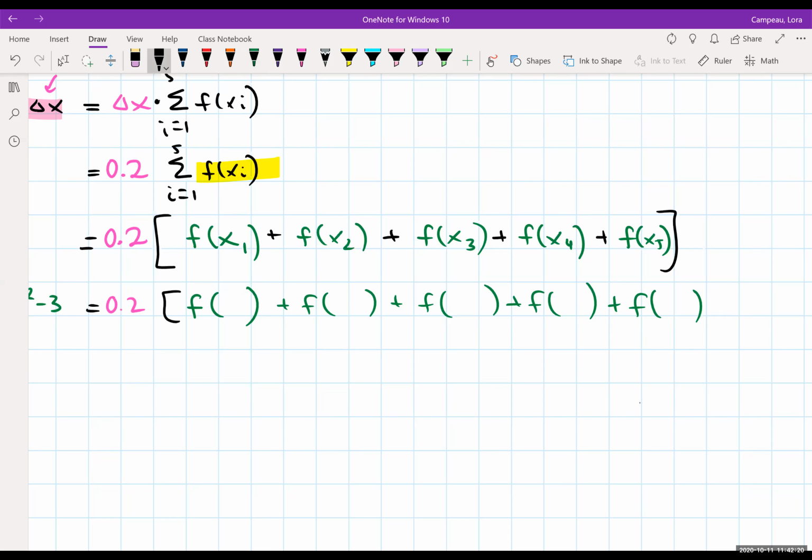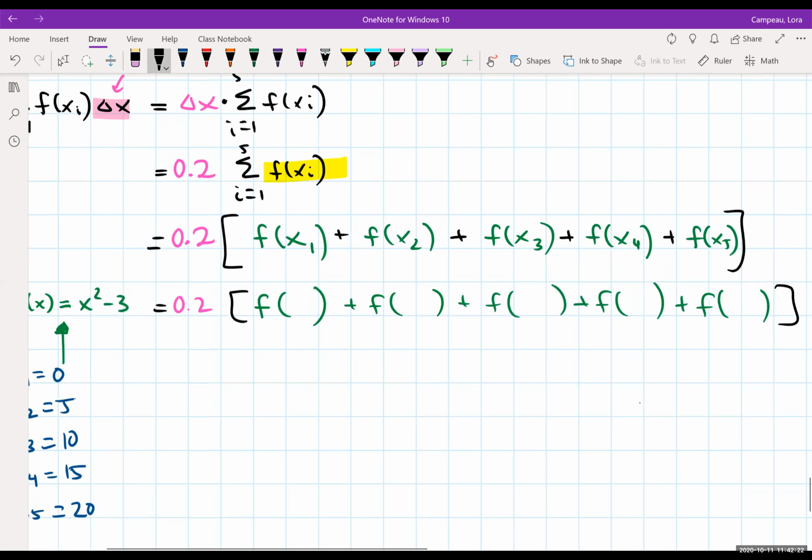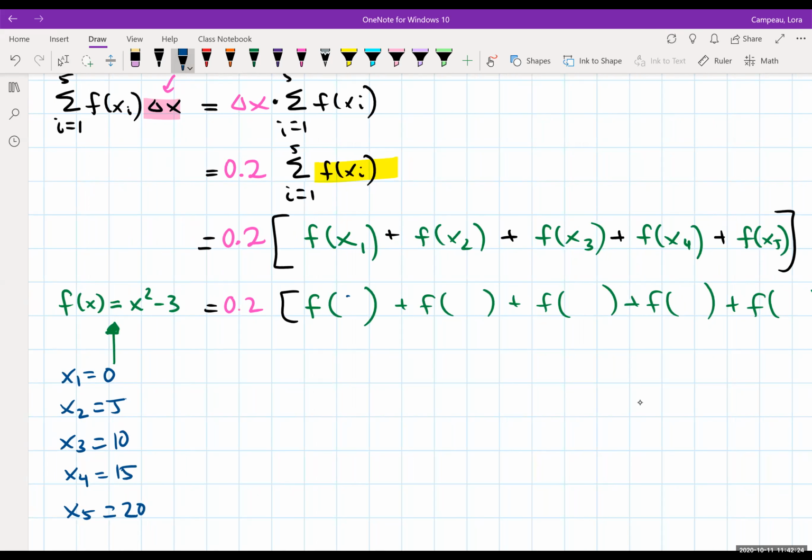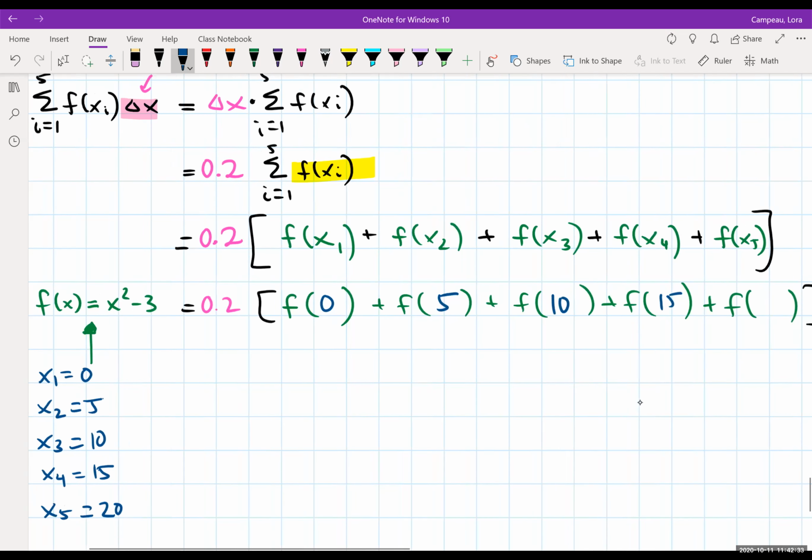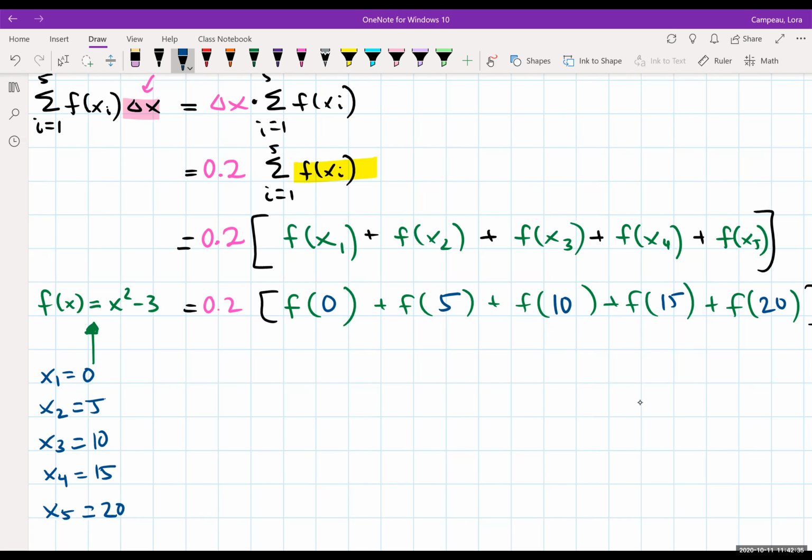Sometimes it's nice to have notation. So again, who's x sub 1? 0. X sub 2 is 5. X sub 3 is 10. X sub 4 is 15. And x sub 5 is 20. So if you understand this, all you have to do is figure out who are your values. And we can find that directly from the table.